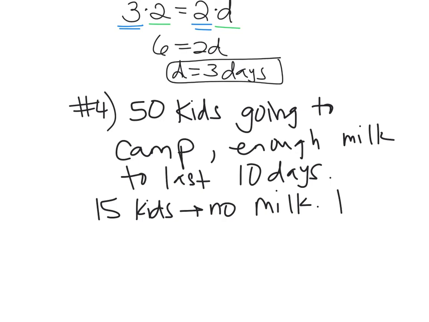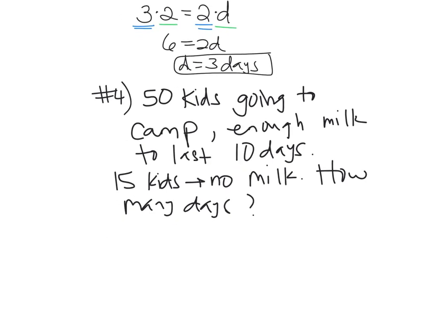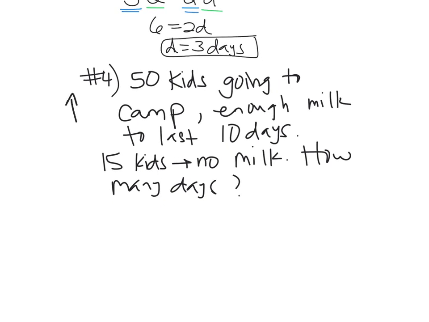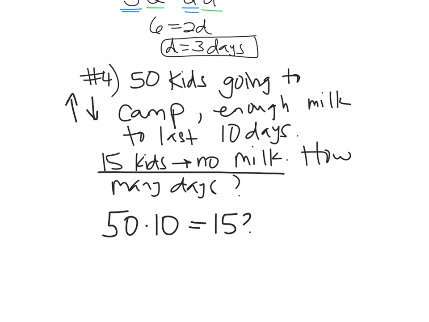15 kids, no milk. So how many days will it last? The more kids that you have at this camp that drink milk, the fewer days the milk is going to last. So 50 kids for 10 days equals, now 15 kids don't drink milk. Am I going to write a 15 there? No, I'm not.